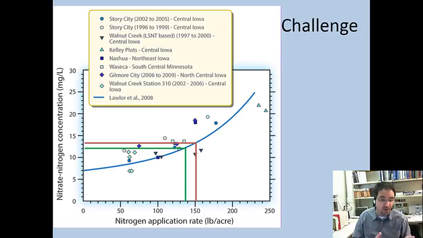That 135 for the maximum return to nitrogen is for Iowa. It's for $5 corn and 50-cent nitrogen. It would adjust based on what that ratio of price of nitrogen is to the price of the corn.